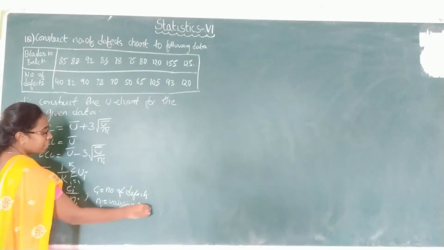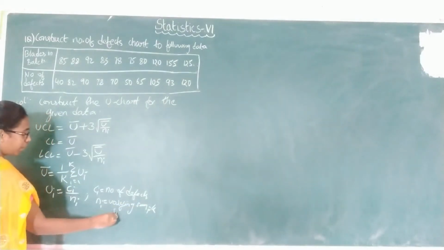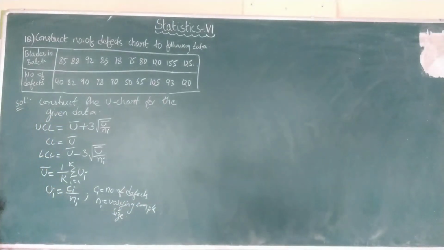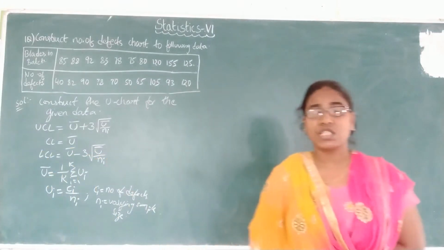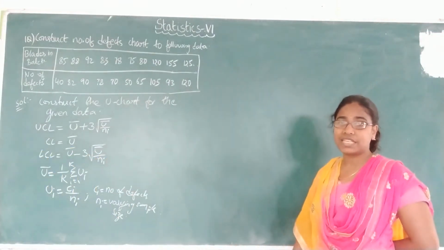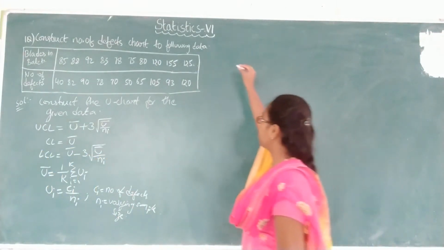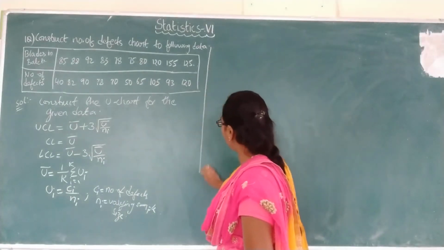The sample sizes which are changing are denoted with Ni. So first we have to find the Ui values, then the U bar value, and substitute those in the required UCL, CL and LCL.